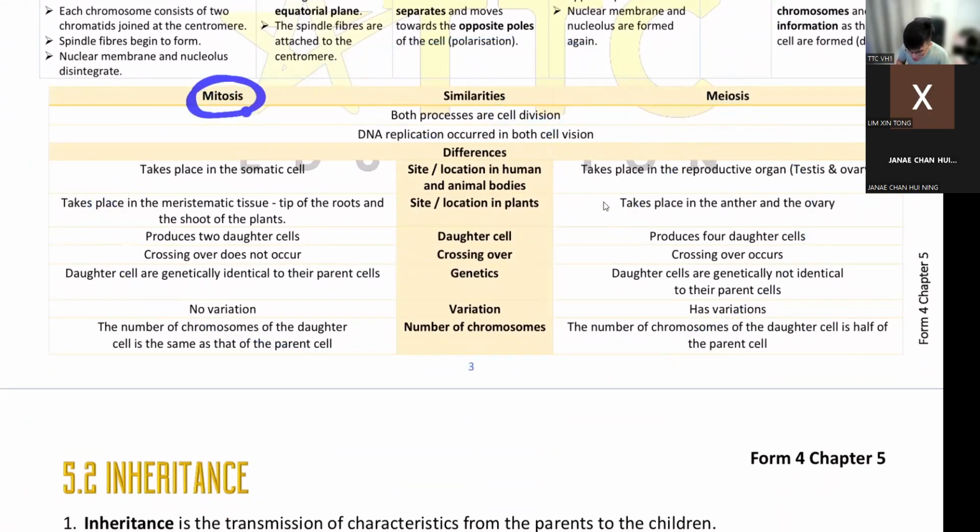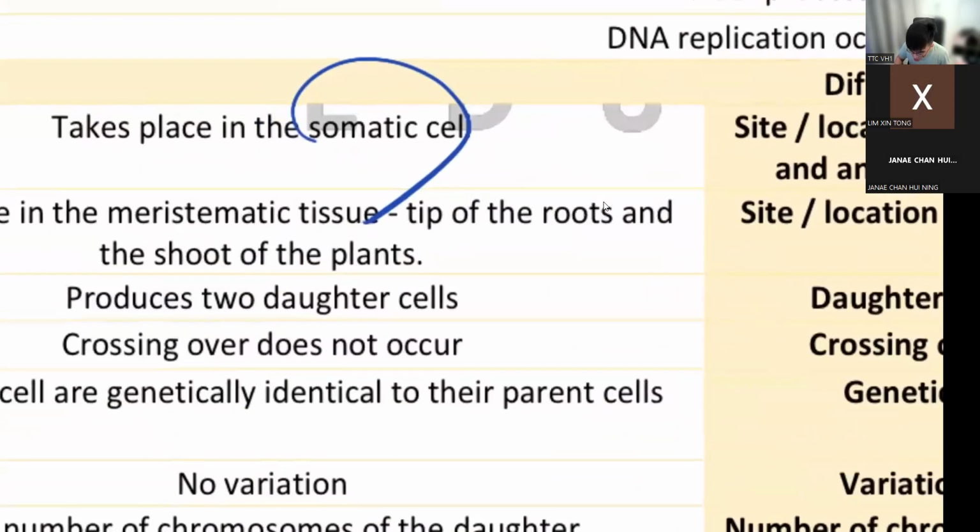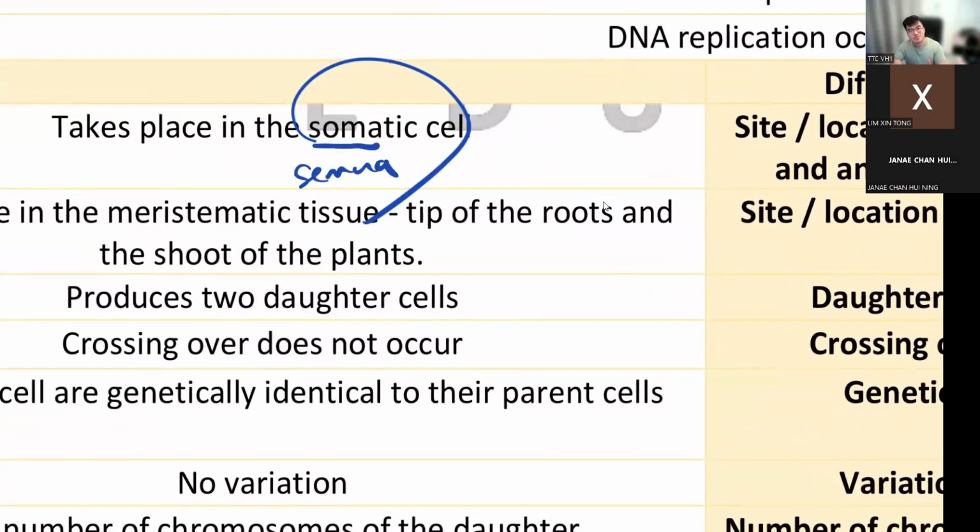Difference. Where does it happen in mitosis? Like I said, it happens from your head to your toe. Your whole body will do mitosis: your skin, your brain, your muscle. Your whole body cells, we call them somatic cells. Remember, soma, semua, all your cells.